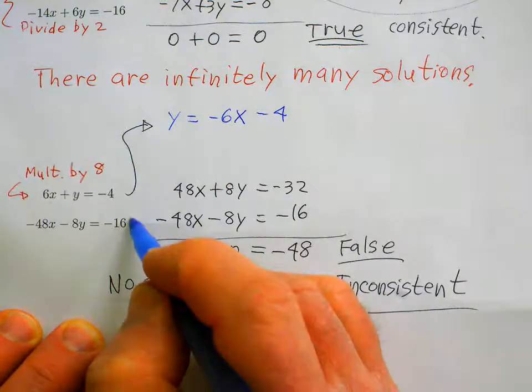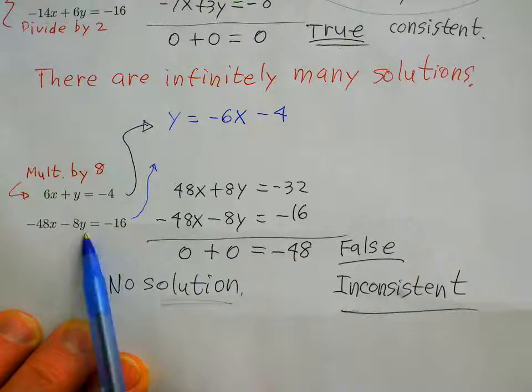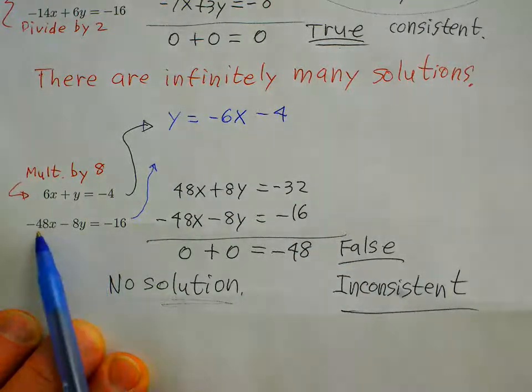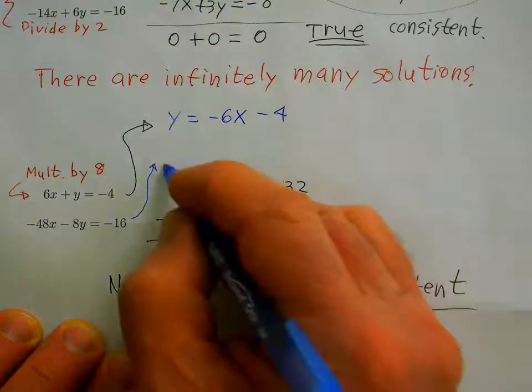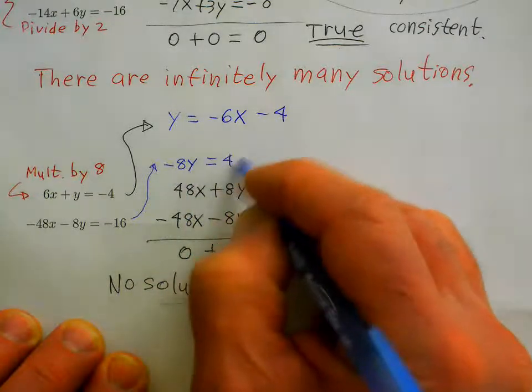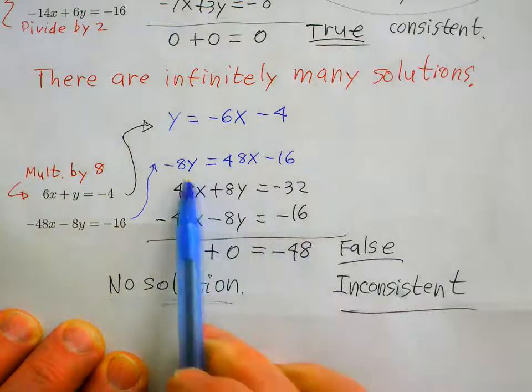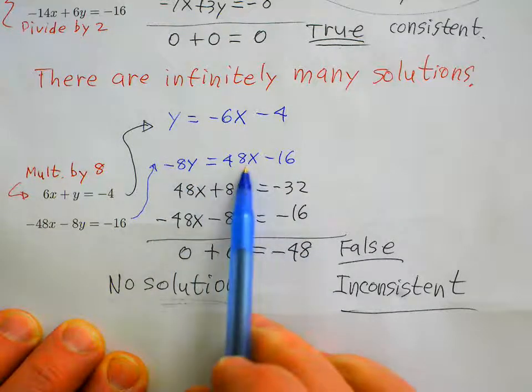And the bottom equation, we can get that into slope-intercept form in two steps. First, add 48x to both sides, so we get negative 8y equals 48x minus 16. And then divide every term on both sides by negative 8.